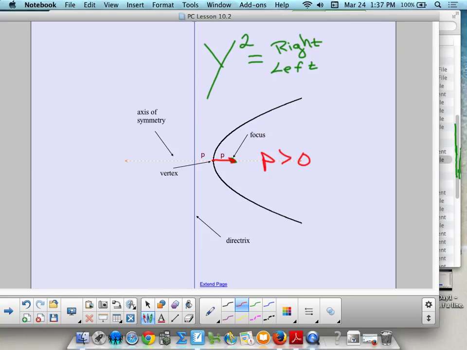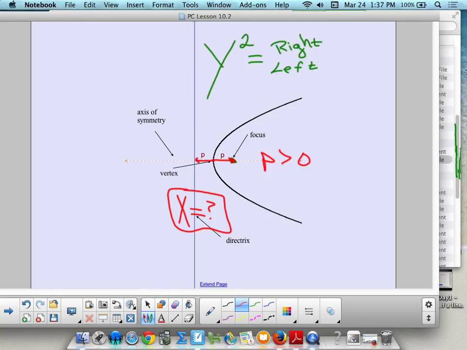Now, the other thing, if I back up this direction, p units, I'm at the directrix. How will you write the directrix in this case? What equals what? X equals. You will always say x equals, and then I'm just going to put a question mark because I really don't have any numbers to deal with right now.